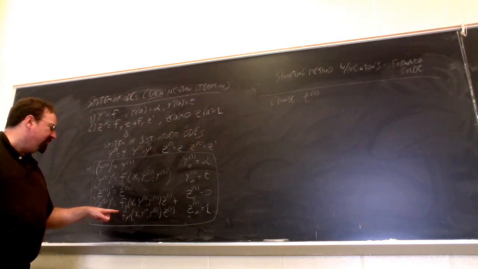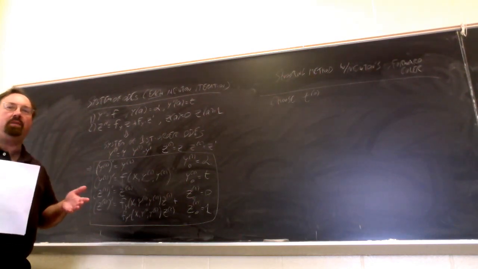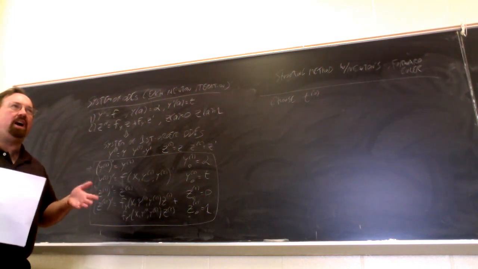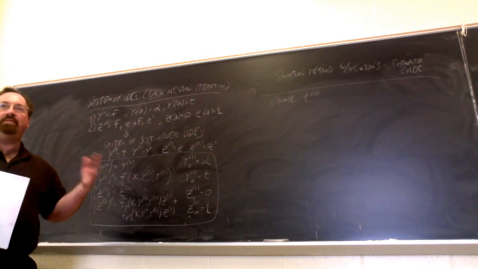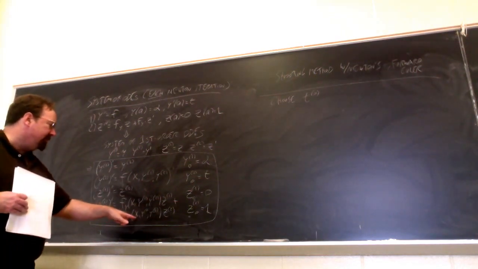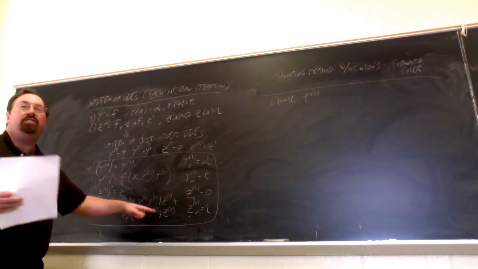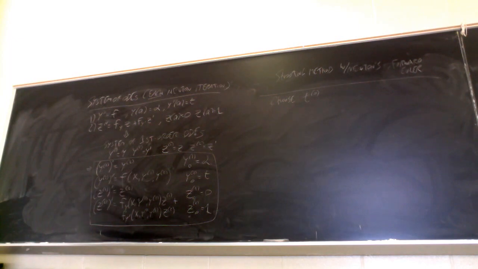Because all this means is you're taking your function from your initial boundary value problem. It depends in some way on x, y, y prime. You're treating y prime as an independent variable and differentiating f with respect to that. Alternatively, if you think of this now as a function of x, y1, and y2, it would be a partial derivative with respect to y2. So however you want to look at it. Okay.